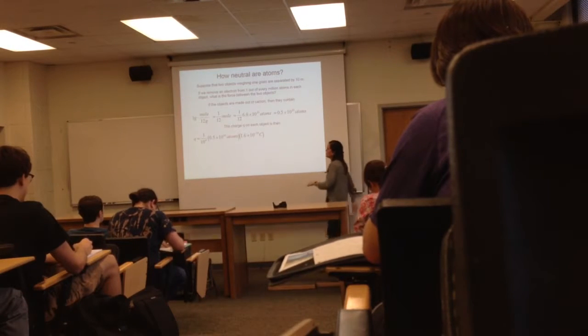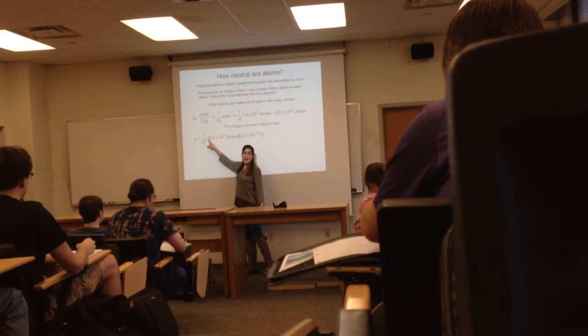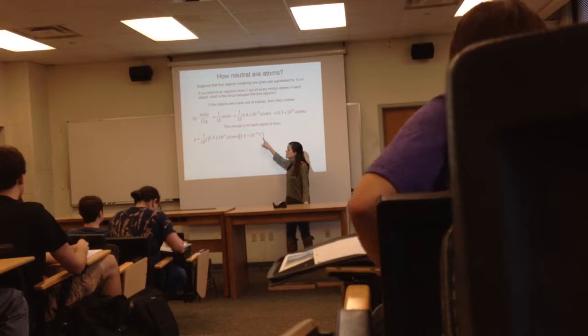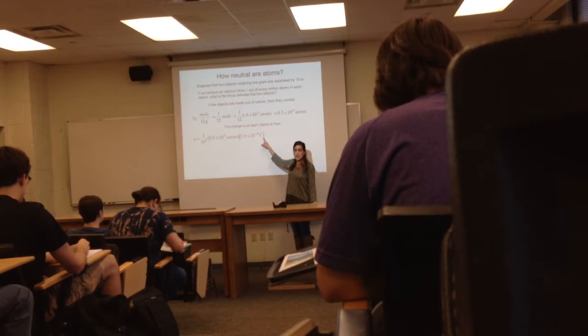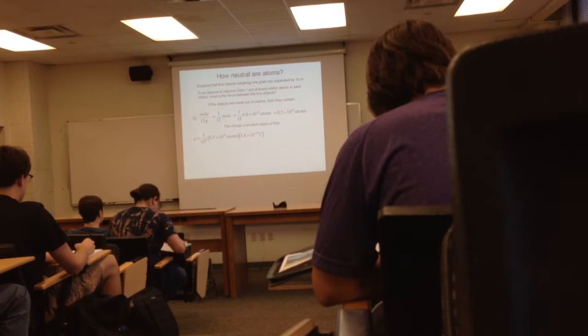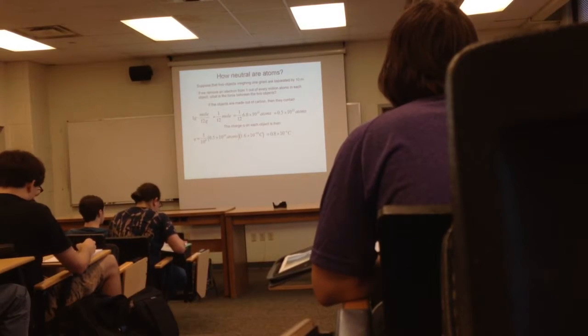This is very important: 1 atom out of every million, times however many atoms I have, times the charge. The charge of a proton equals the charge of an electron, which is 1.6 times 10 to the negative 19. Now I am ready to figure out the total charge.